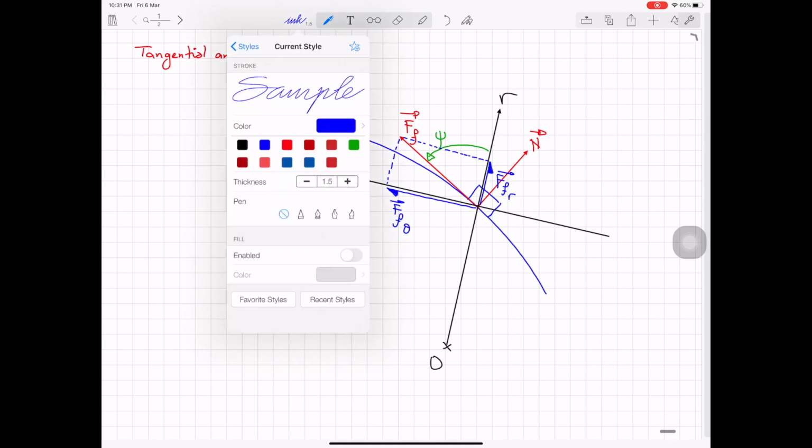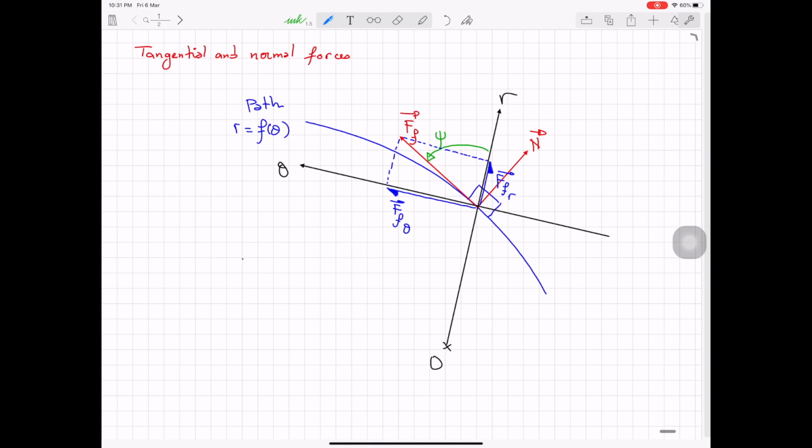Of course, this psi is also the angle that extends between the normal force n and the transverse axis. So psi is given as the tan inverse of the position r over the derivative of the position with respect to theta, dr over d theta.